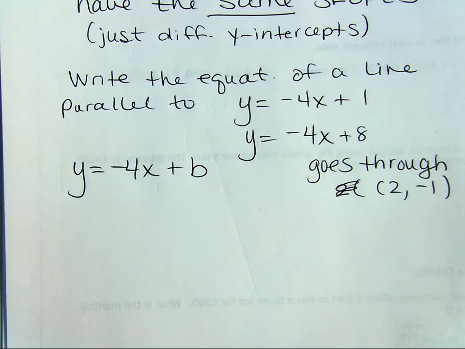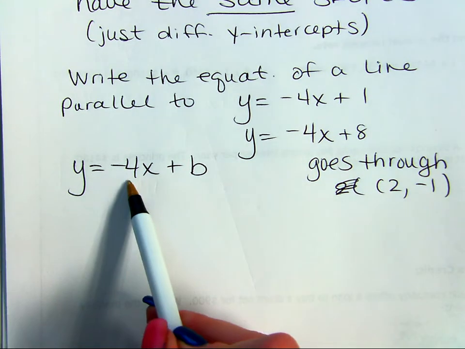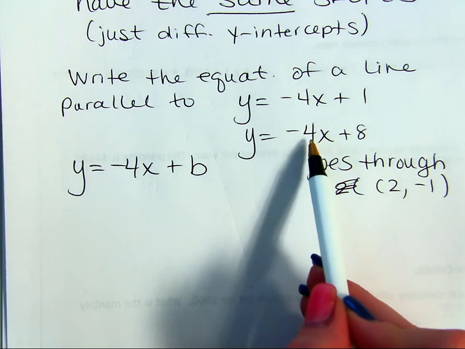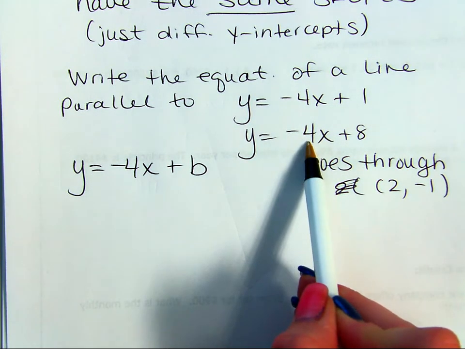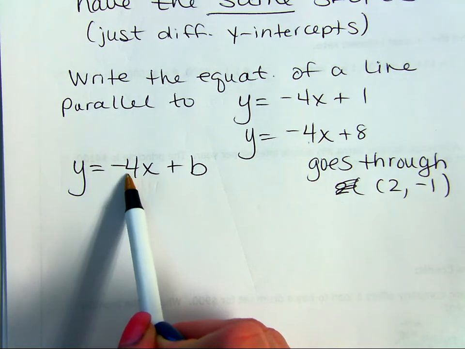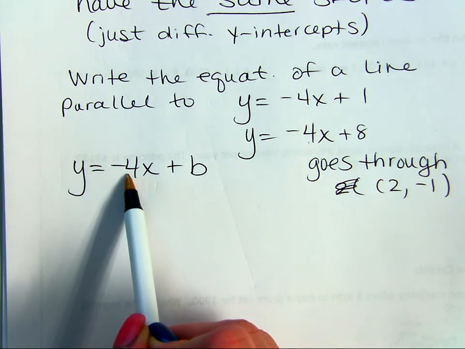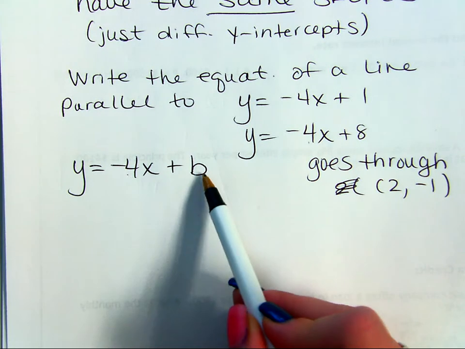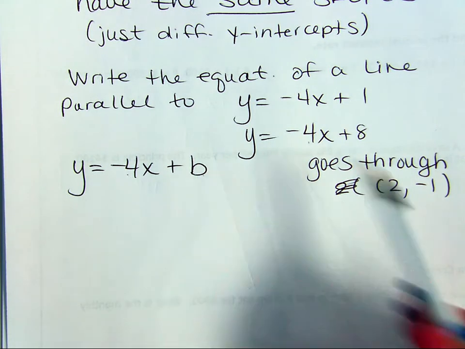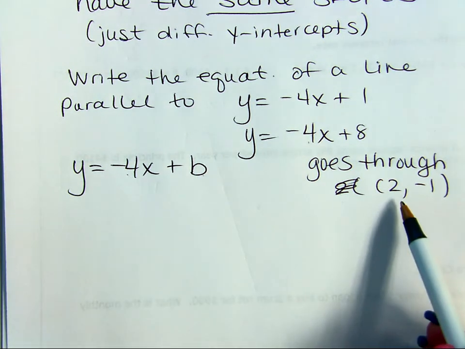So why did I put negative 4x? Because I need it to be parallel. So the slope that I choose here has to be the same slope that I put here. When it's parallel, you are just looking for a new y-intercept. And that's when you put plus b. And then what do I do at this point? Plug it in, right?